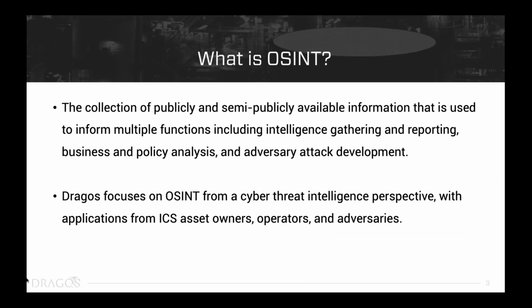It is a collection of publicly and semi-publicly available information that is used to inform multiple functions, including intelligence gathering and reporting, business and policy analysis, and adversary hack development.